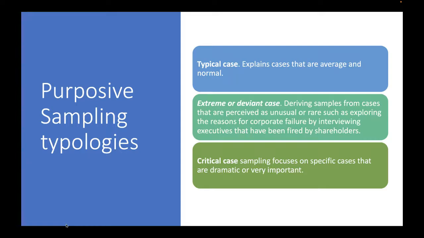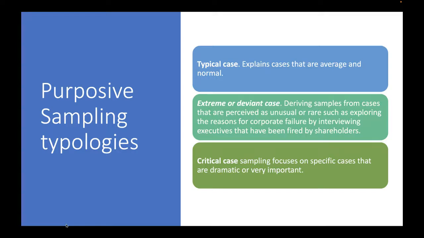So you then decide that, are you going to choose people by being a typical case? Are you choosing people by virtue of being extreme or deviant? Do you choose people by virtue of them being critical? So those are the typologies.